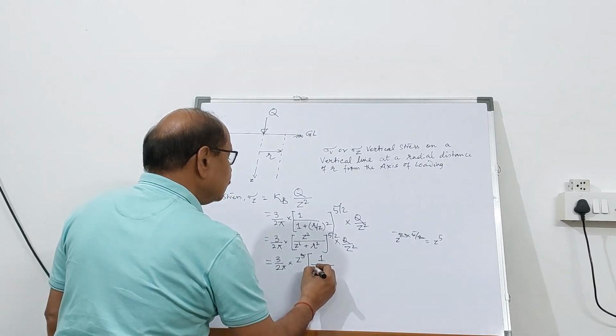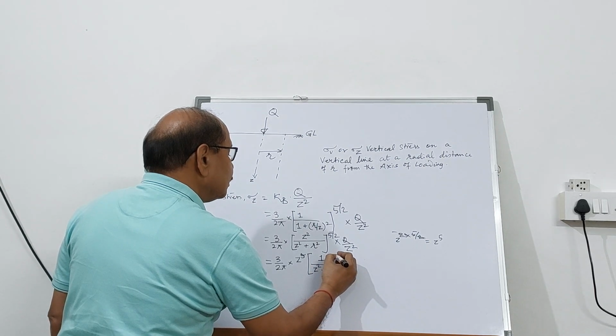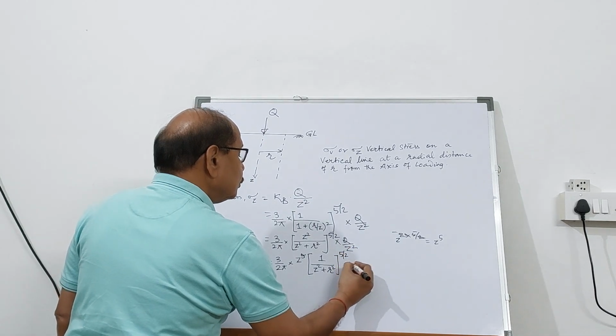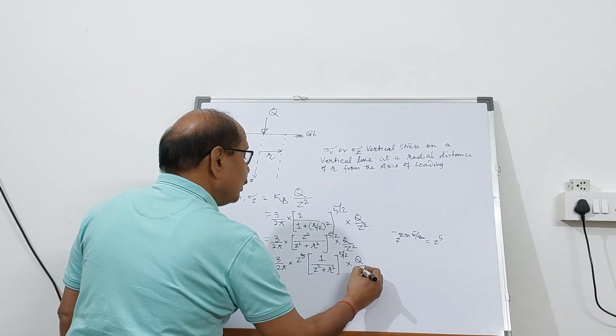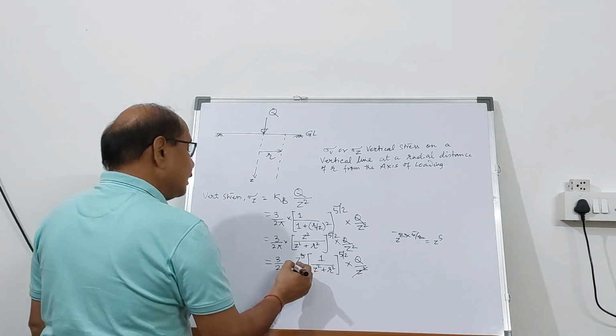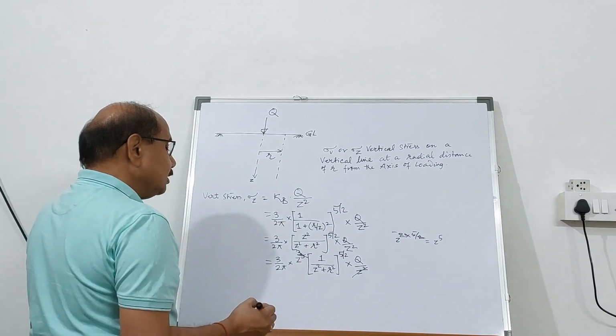divided by 1 upon z square plus r square to the power 5 by 2, into 2 by z square. Now this z square, and here it becomes z cube.